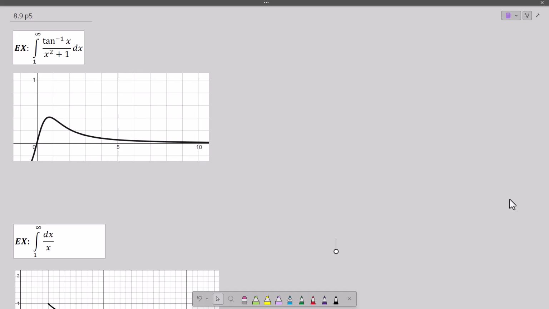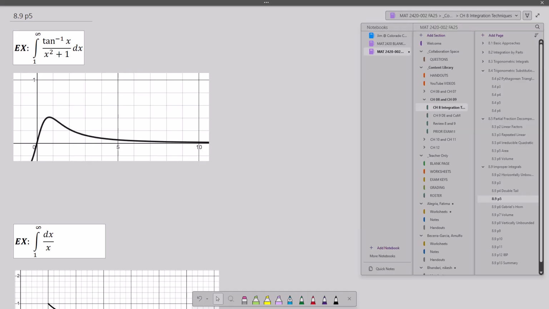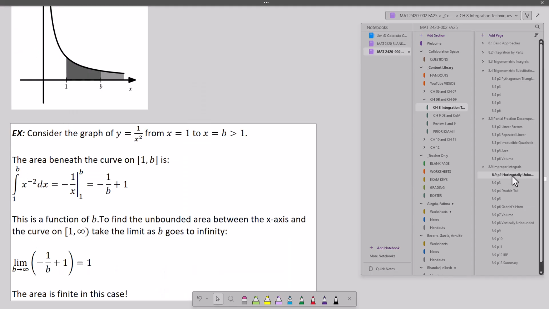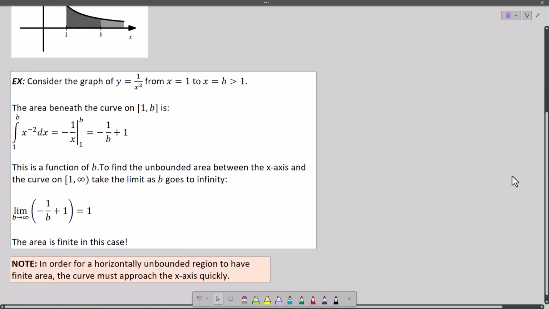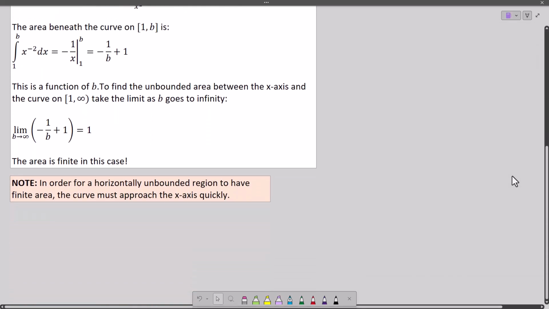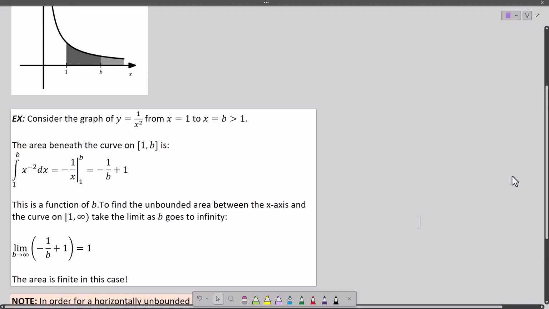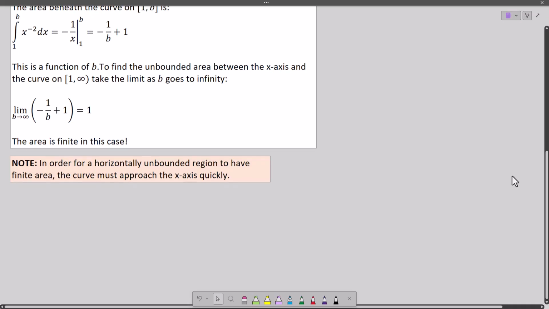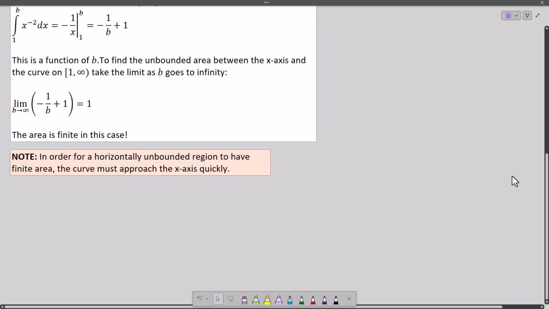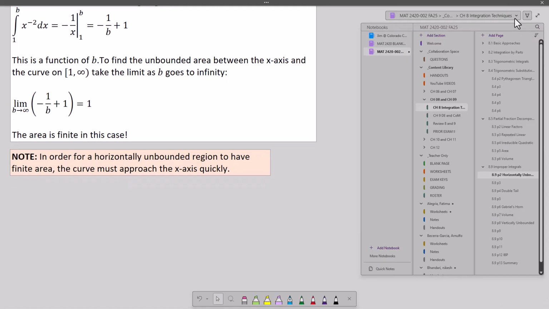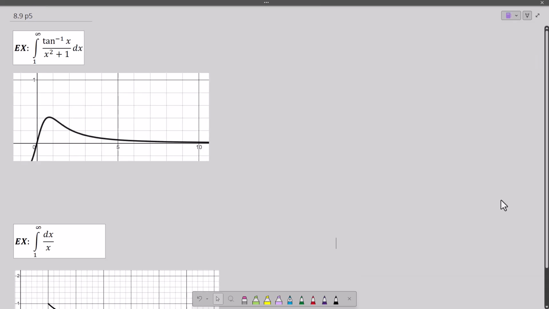And one thing I want you to notice is that if we go back up here to this first example I did, if you look at the denominator, the power on x here was 2, and we ended up with a finite answer. This one that we're looking at right now, what's the power on x in the denominator?